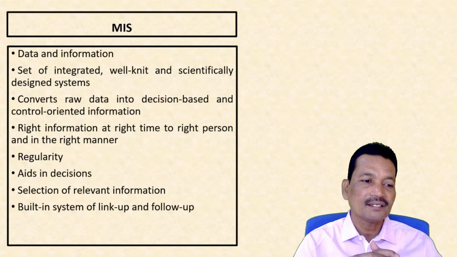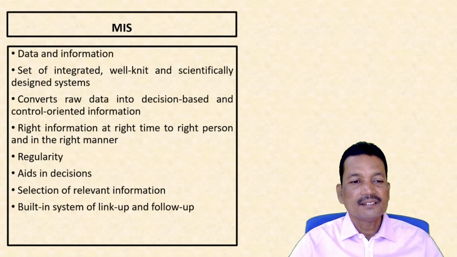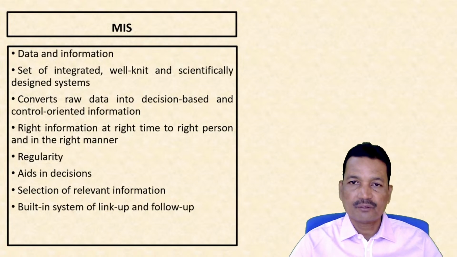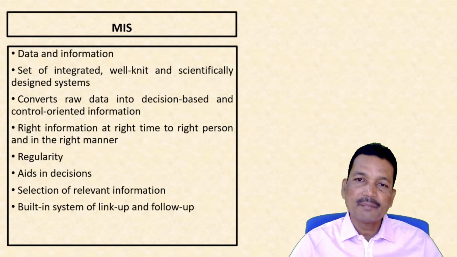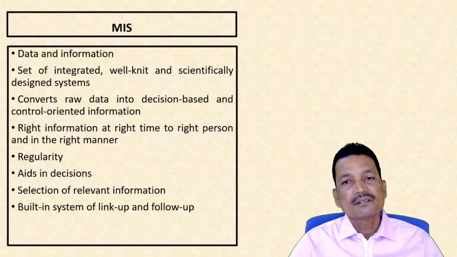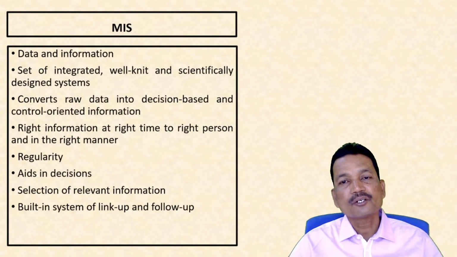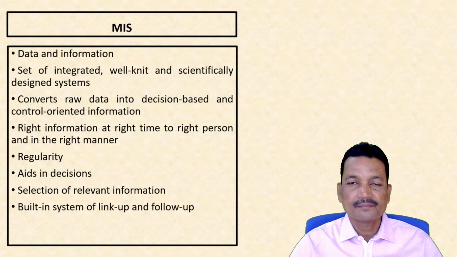It should aid in the decision making process. As we said, selection of relevant information: out of the relevant data, we may convert it into information. So information for a lower level management may not be information for a top level manager. So according to the requirements, information has to be relevant.